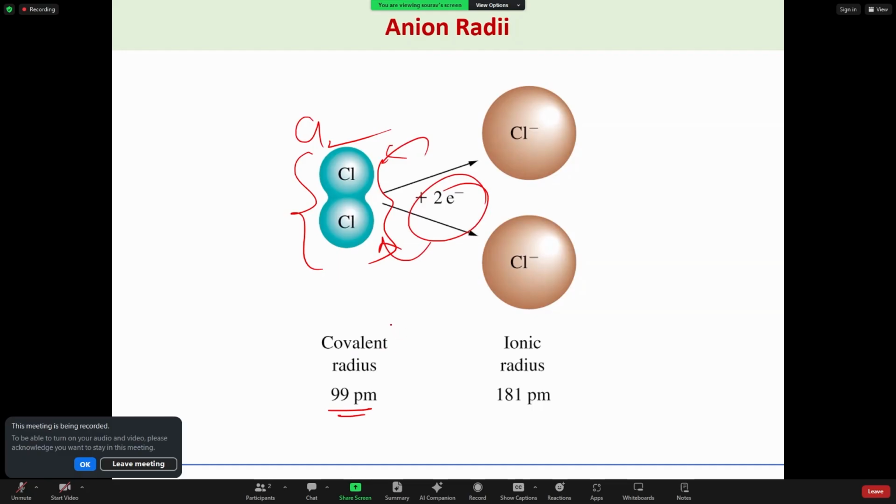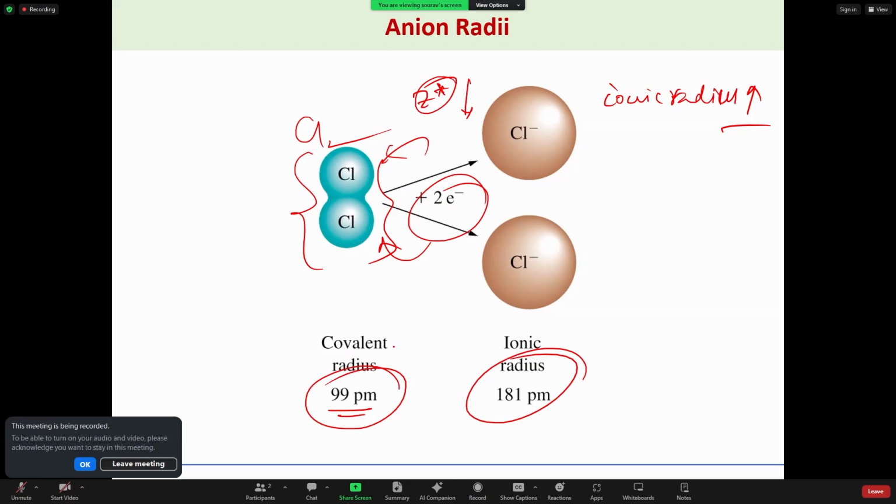When there is electron repulsion, the effective nuclear charge will decrease, and then the ionic radius value will increase. That's why it is 99 here, and the ionic radius is 181 pm.